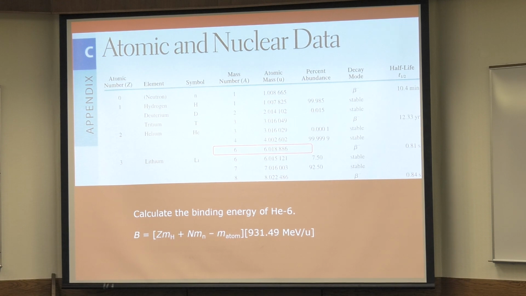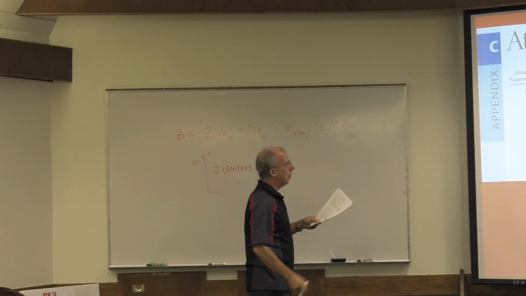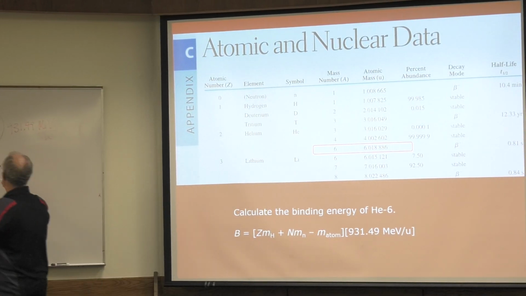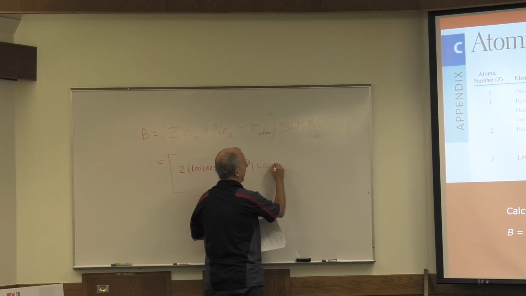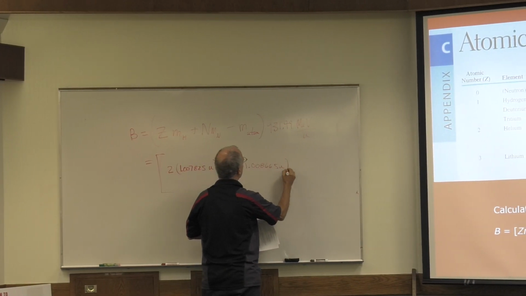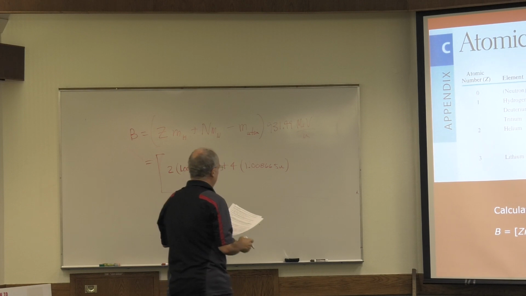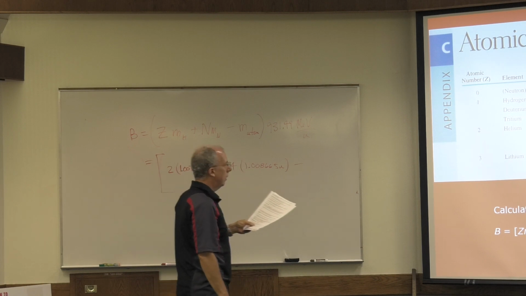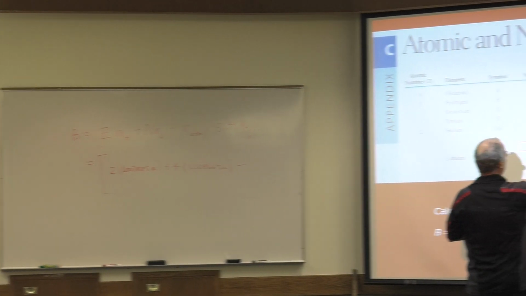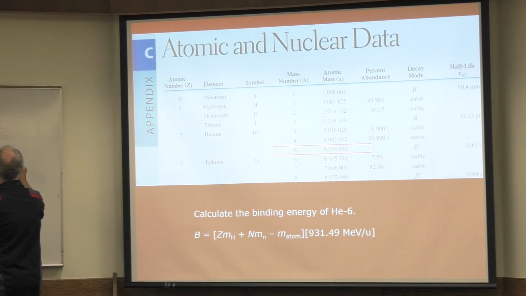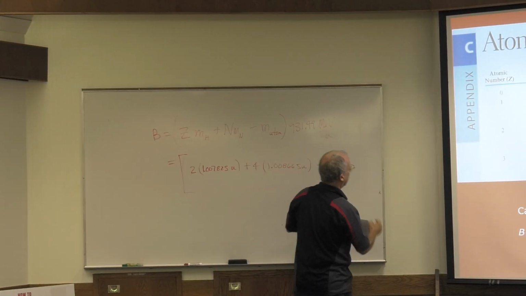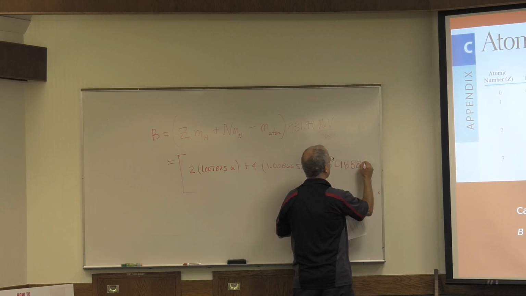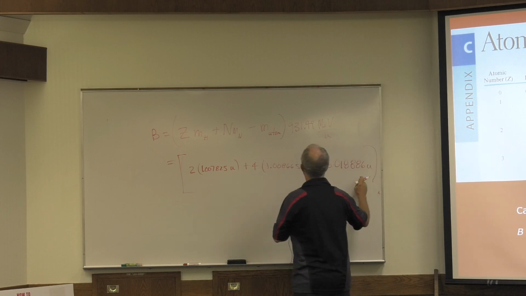So plus 4 times the mass of a neutron, right here, 1.008665 U. And then minus the mass of an atom. Here's the atomic mass of helium-6, 6.018886 U.